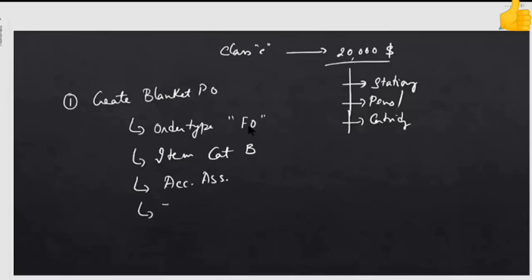And you specify a limit, because this is of item category B, right? B means limit. And what is limit? You specify that the upper limit is 20,000, which means you're going to allocate a budget of 20,000, and the company can order anything, basically all class C materials, until the limit of 20,000 is reached.